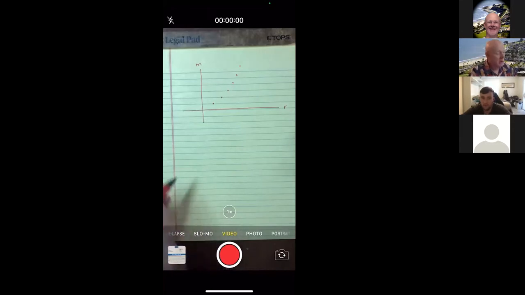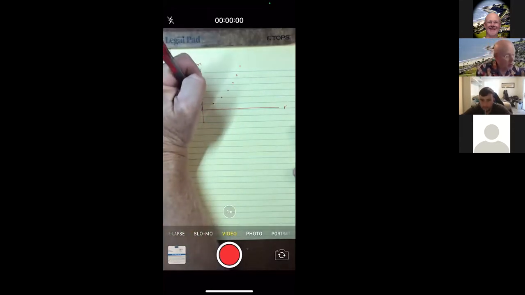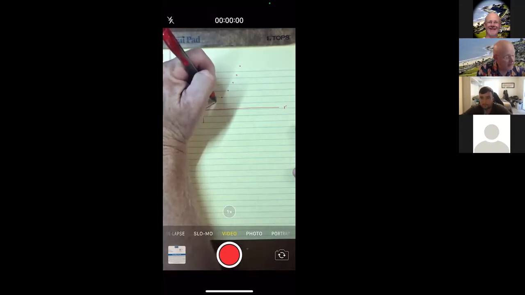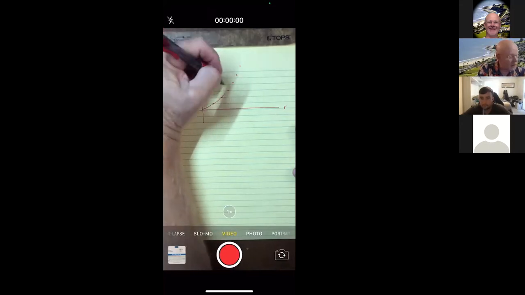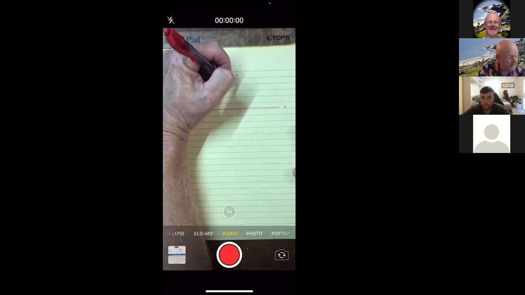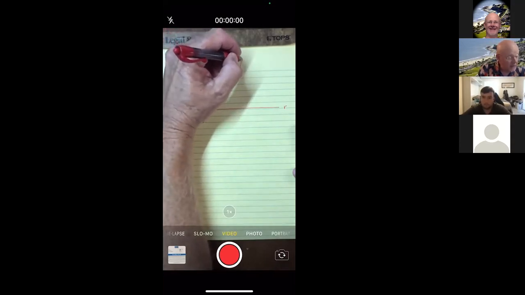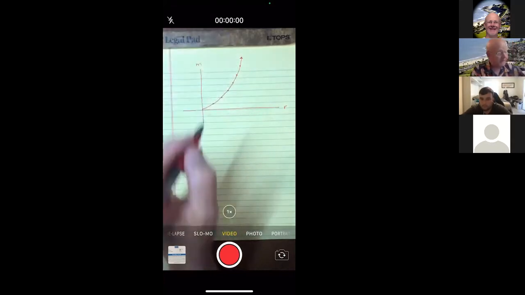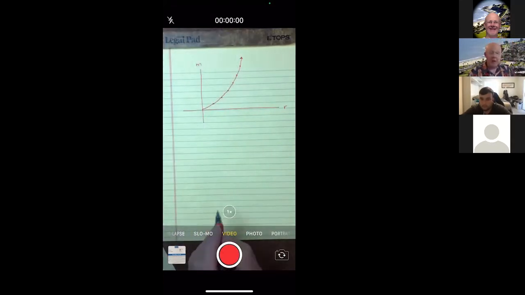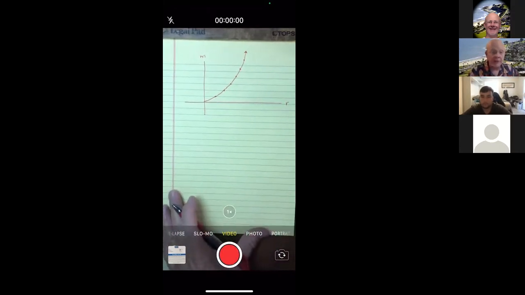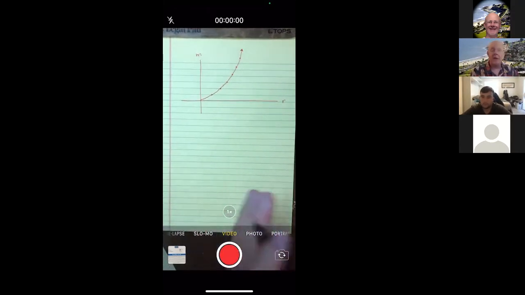Okay. So when you do a curve fit, maybe I should ask you, what program are you using for the curve fit? Desmos. Okay. I'm not that familiar with Desmos, but I'm going to go out on a limb and say that Desmos works like all the other curve fit programs I'm familiar with.